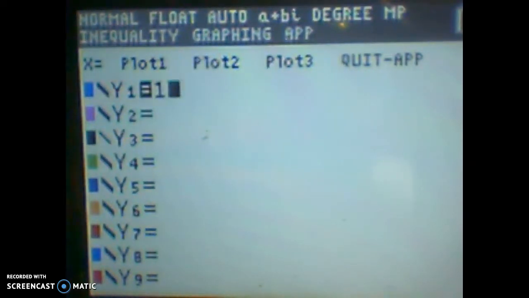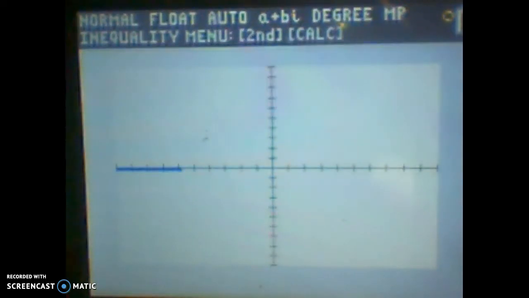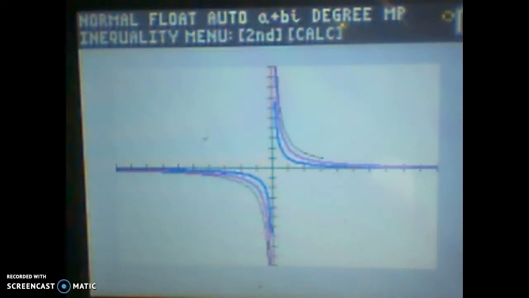And all I'm going to do is go 1 divided by x, 2 divided by x, and 3 divided by x. And we'll get the exact same shape. We've got blue, pink, and black here: 1 divided by x, 2 divided by x, and 3 divided by x.